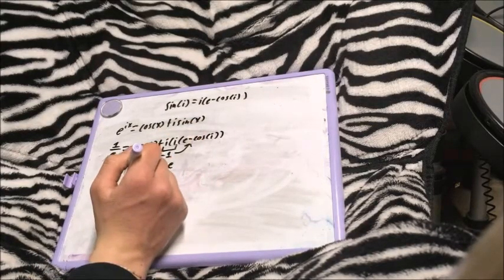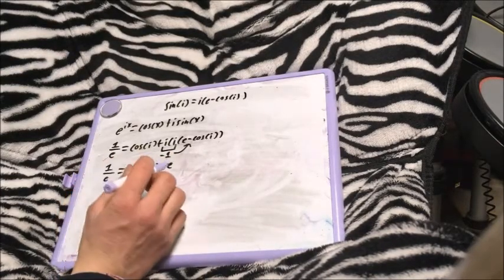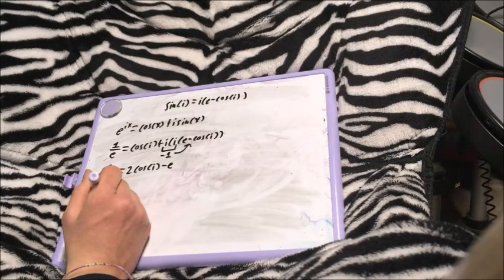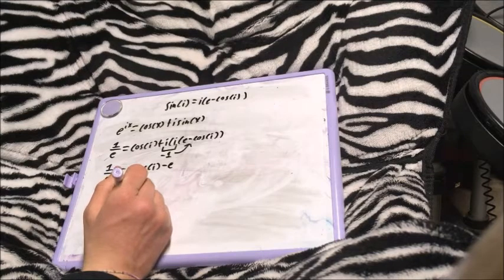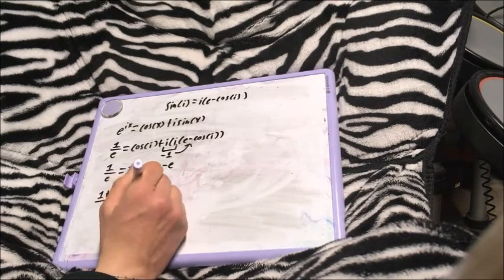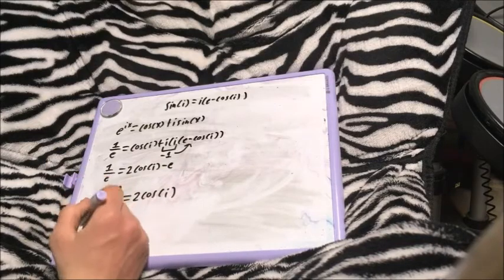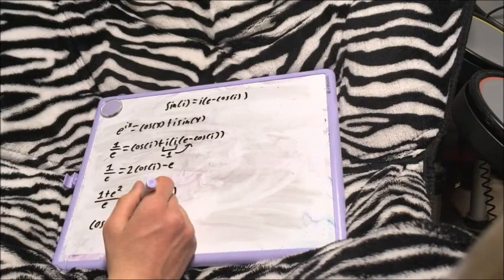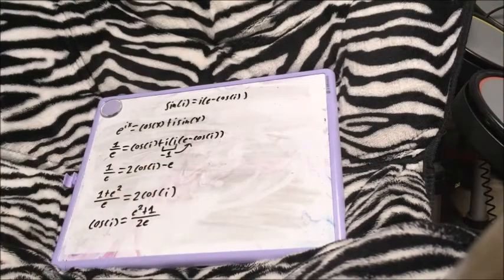Now, bringing this over and bringing it into the same denominator as the number over here, we're going to get 1 plus e squared over e, because remember, e times e is going to equal e squared, equals 2 cosine of i. Flipping this around, this means that we can find cosine of i to be exactly e squared plus 1 over 2e.